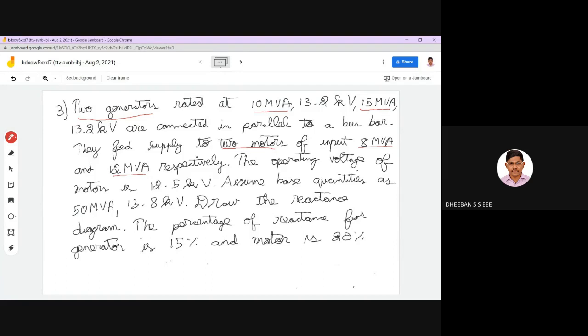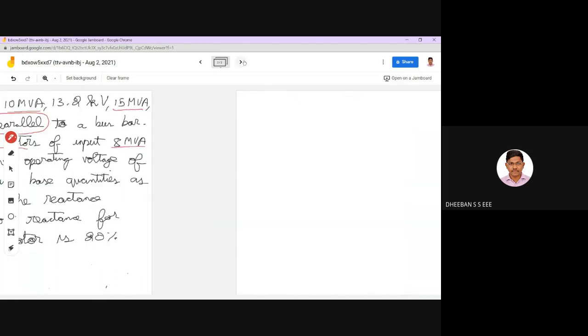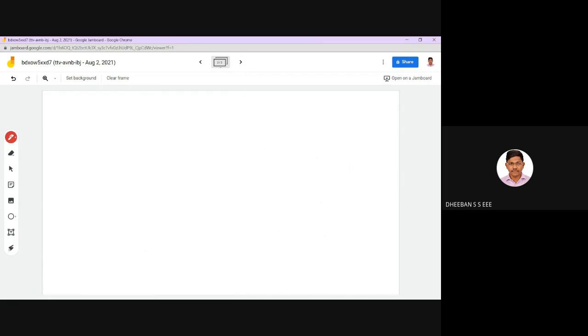The key point for the single line diagram that you have to draw is that they are connected in parallel. Using this key point, you can draw the single line diagram. In most cases, they will give the diagram itself, but in some other cases, you have to draw the diagram. So I'll be drawing the single line diagram.